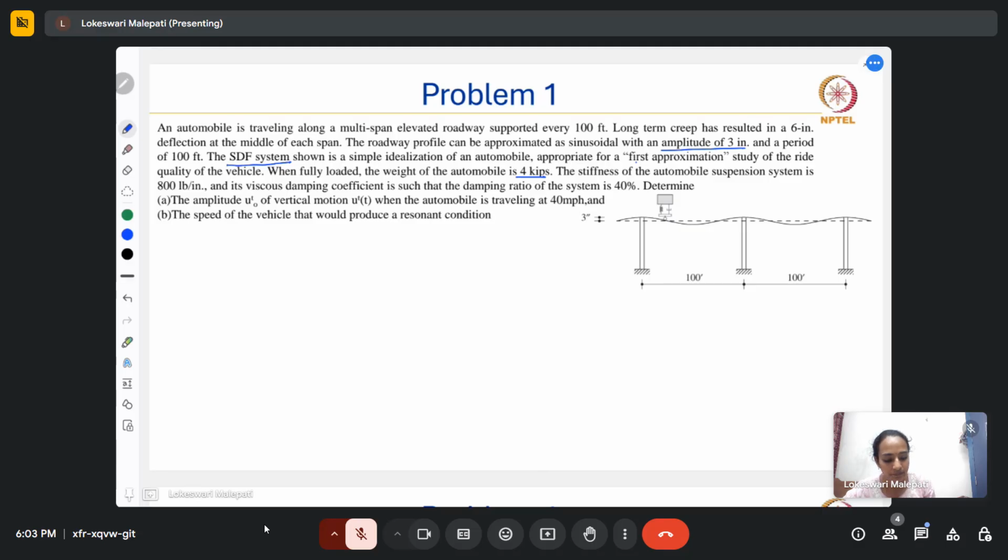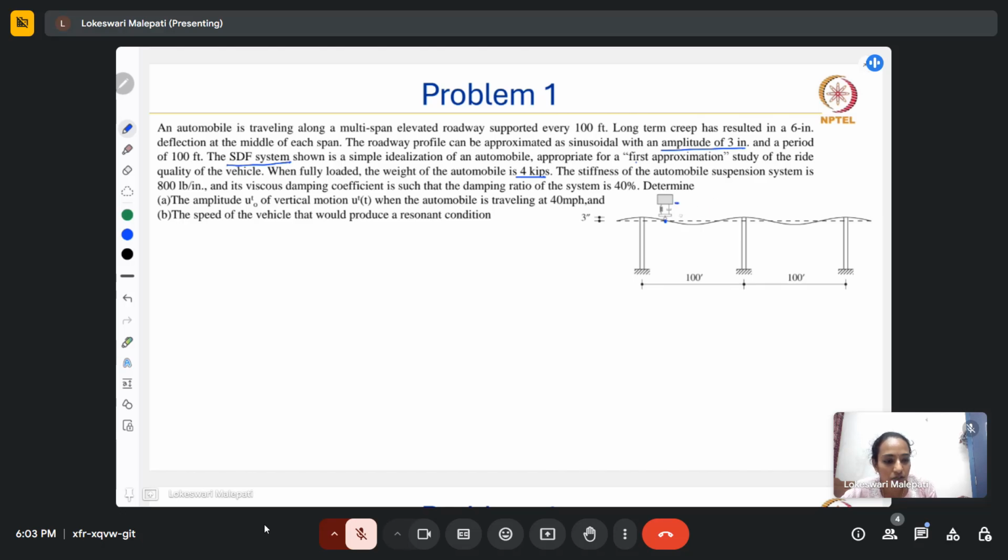So in this case, we have a single degree of freedom system, and this is idealized as shown in this figure. It has this spring as well as this dashpot, and when this automobile is moving on this undulated surface, there will be a vertical displacement applied on the support of this automobile, which will be transmitted to the mass.